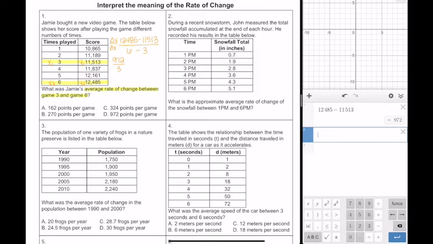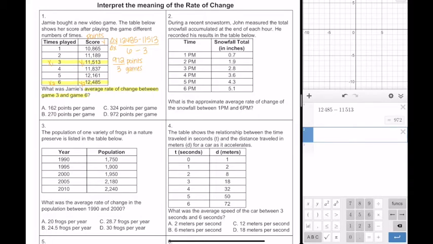Okay, so let's pick up where we are in terms of interpreting this. So remember the change in y is the score, or in points. So that's 972 points per 3 games, or over the period of 3 games.